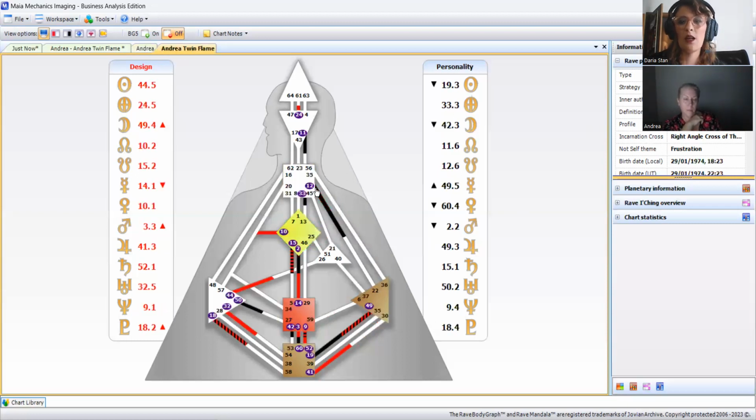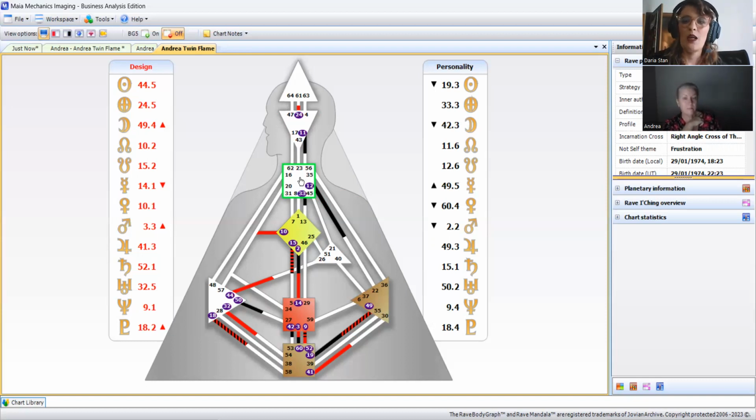And the open throat is trying to get attention. That's the not-self theme of the open throat. So he might place himself in positions where he is likely to get attention.